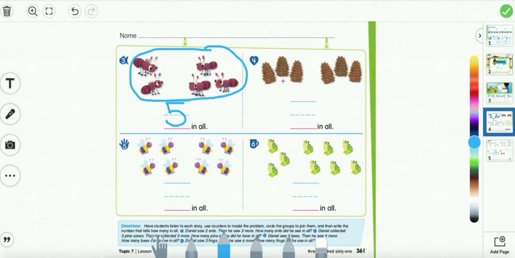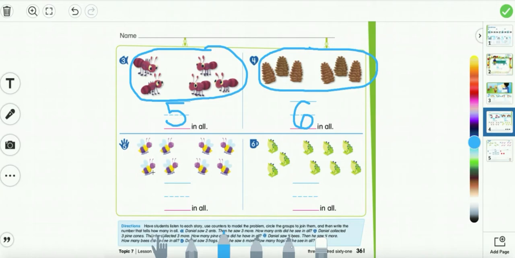Number 4. Daniel saw 3 pine cones. He collected 3 more. How many did he collect in all? So we're going to join them together. Let's count. 1, 2, 3, 4, 5, 6. Daniel collected 6 pine cones in all.